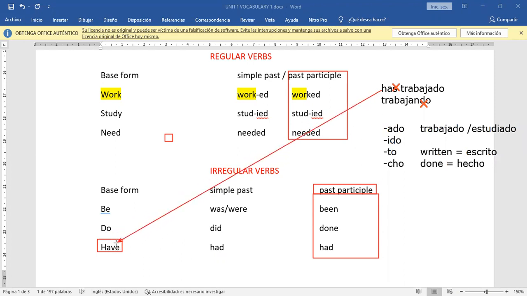Have is has. But worked is the verb trabajado, participio de trabajar. Write, participio de escribir, written in English. That is escrito. Done is the past participle in Spanish.